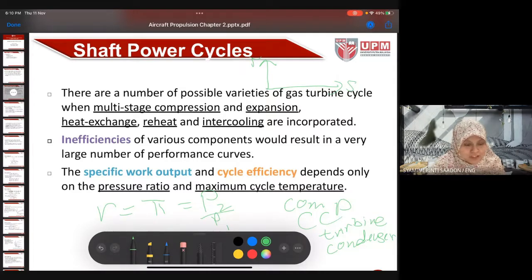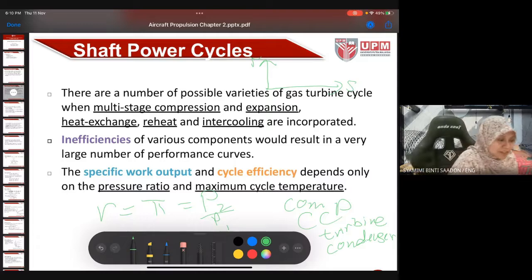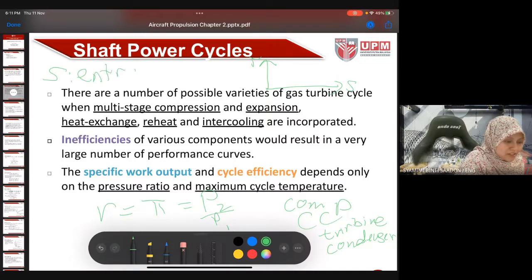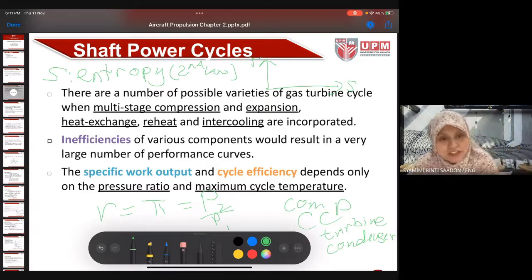T is temperature, of course, and S is entropy. I think I mentioned a bit about entropy during the previous class. Entropy comes from the second law of thermodynamics, and accounts for the irreversibility of the process of the cycle. So we usually use this TS diagram to describe the cycle of a gas turbine engine.